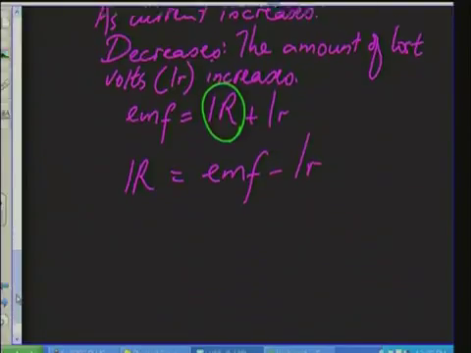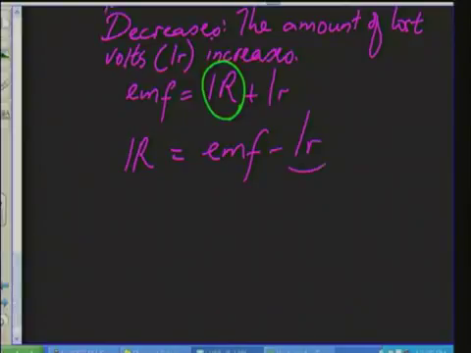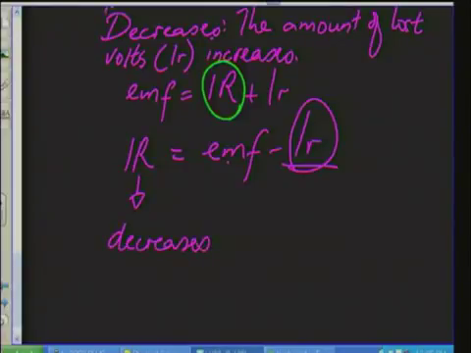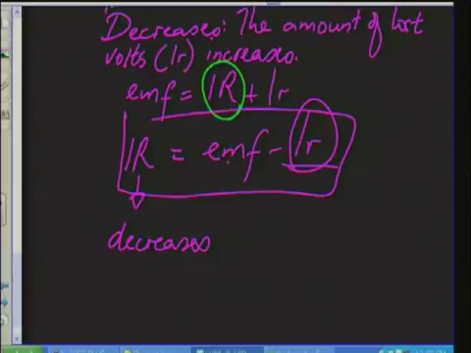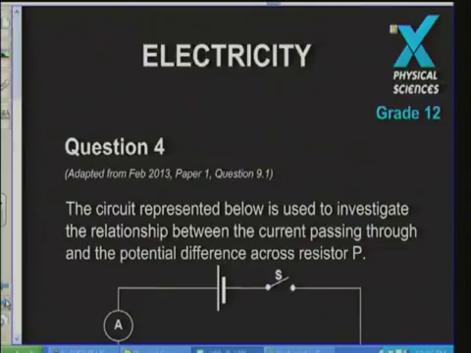As I increases, the lost volts increases, so you are subtracting more lost volts from the EMF, and therefore this one decreases. From that formula, V, the potential difference across the circuit, equals the EMF minus Ir, and that confirms that it decreases.